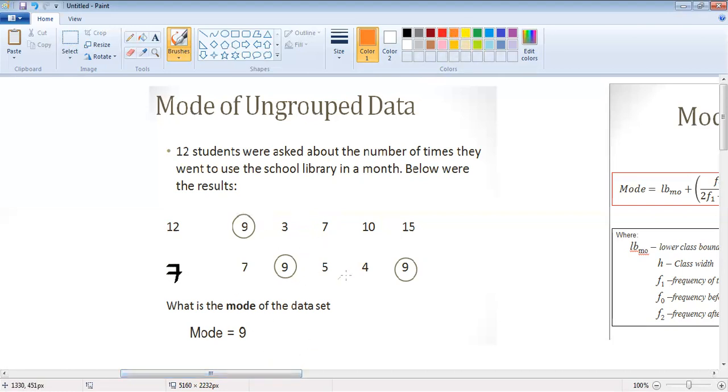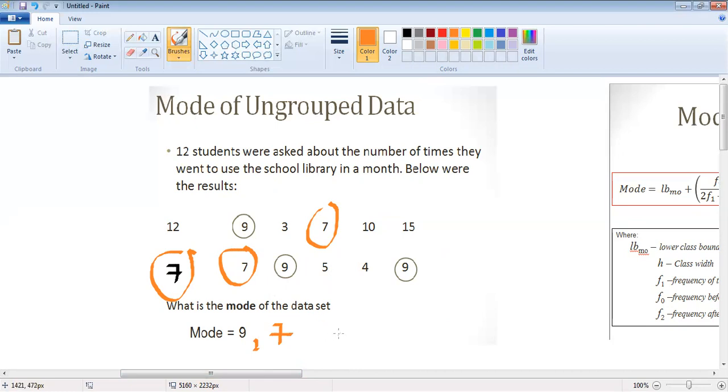That will be 9 and 7. Because 9 appears 3 times, so it has the frequency of 3, and 7 also has appeared 3 times. So the frequency is also 3. So we have 2 modes, 9 and 7.